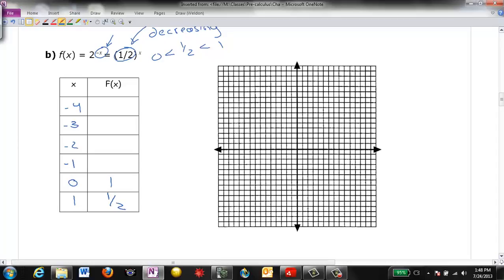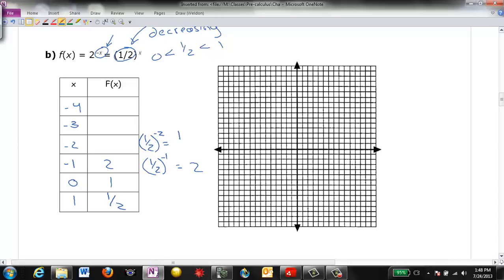So what is (1/2) to the -1? Well, we have 1/2 raised to the negative first. I know that's going to be 1 over 1/2, which is essentially a reciprocal. So we're going to get 2. And what is (1/2) to the -2?